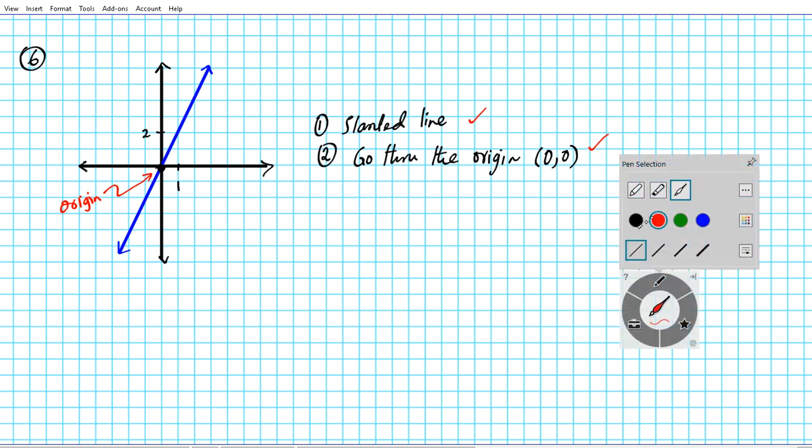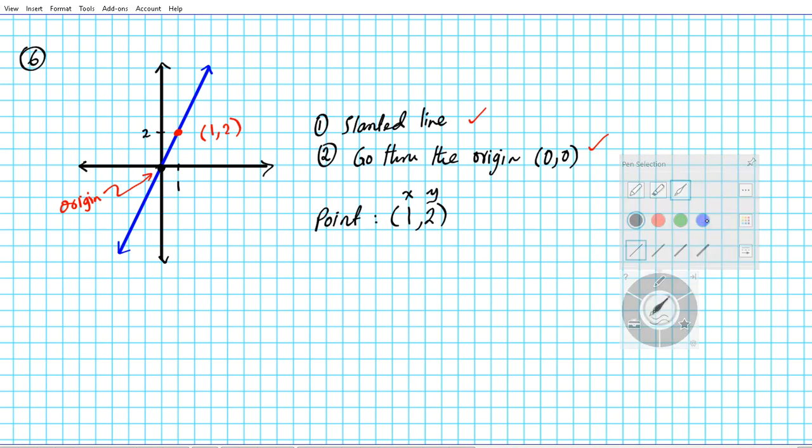Now let's go ahead and find our k. To find our k here, all we need to do is find a point on the graph. So this point right here, 1, 2. We have a point on the graph, the point 1, 2. This is our x coordinate and our y coordinate. Then we'll use the formula k equals y over x to finish it off.